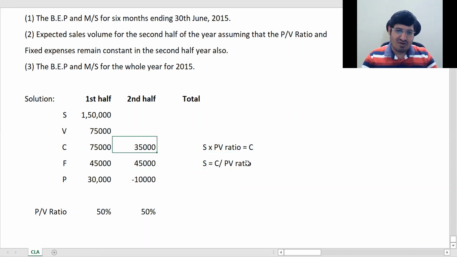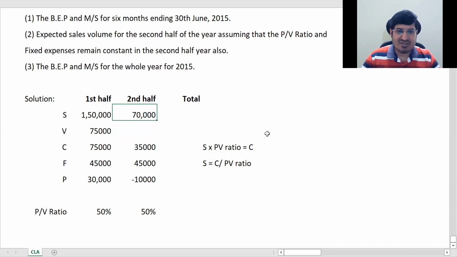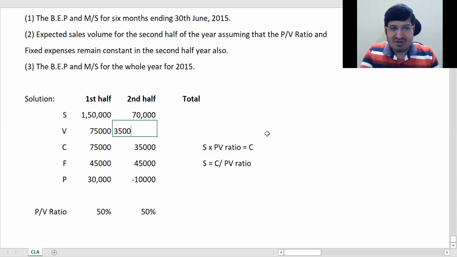So do C upon 50%, and you will get sales here. That's it, we got everything in this problem. If you want to write variable cost, you can, but in most cases you won't need it. This will become 35,000 here.